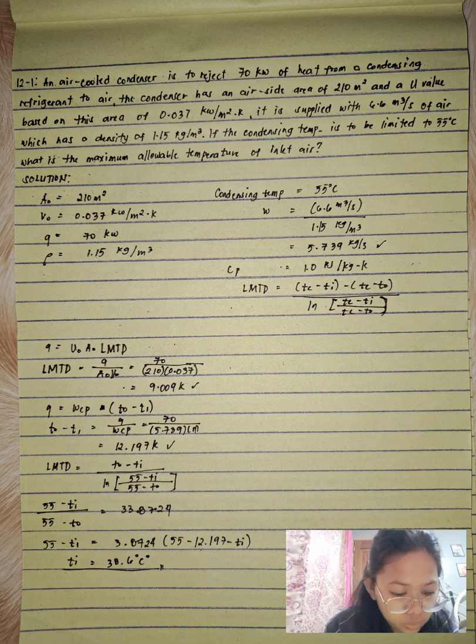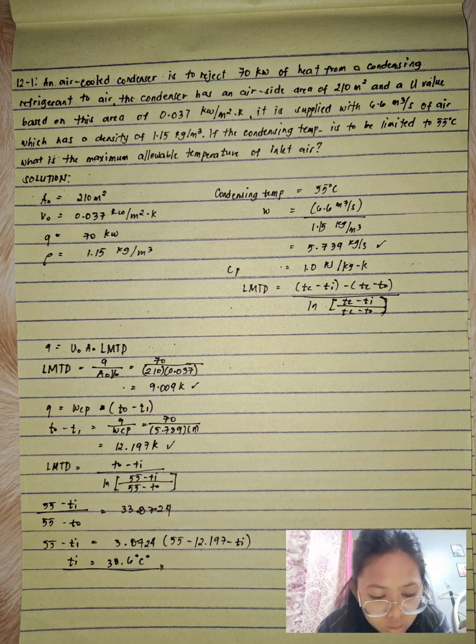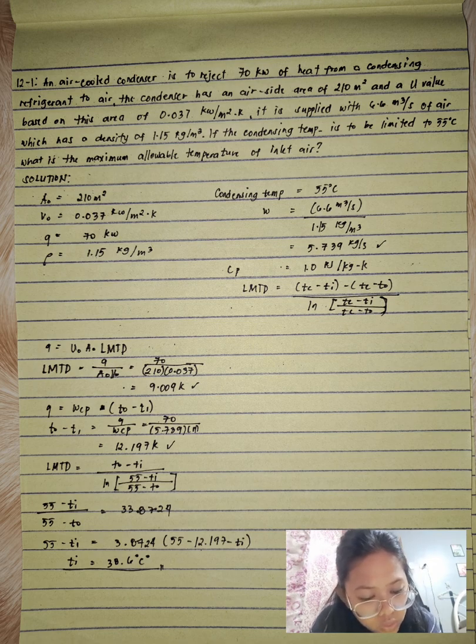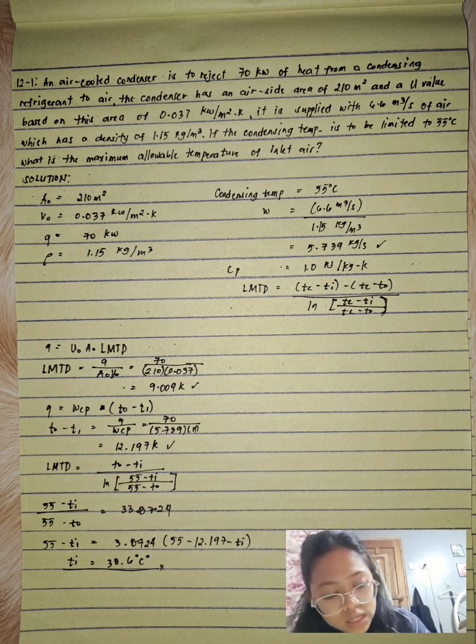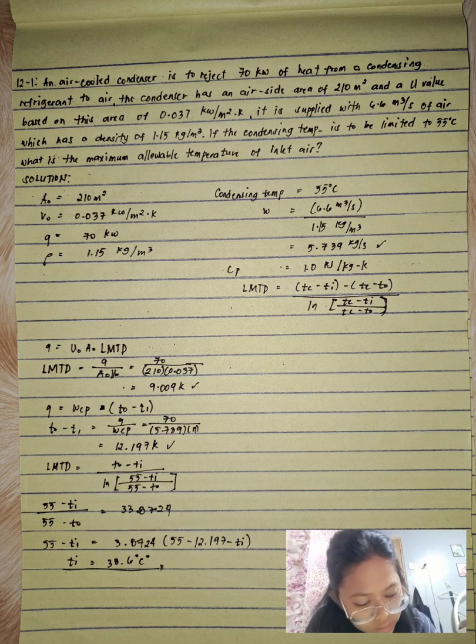So U sub O A sub O LMTD equals Q. LMTD is equal to Q over A sub O U sub O, which simplifies to 70 over 210 times 0.037, equal to 9.009 K. Q is equal to W Cp (To minus Ti), so To minus Ti is equal to Q over W Cp, which is 70 over 5.739 times 1, equal to 12.197 K. LMTD is equal to (To minus Ti) over Ln of (55 minus Ti) over (55 minus To).